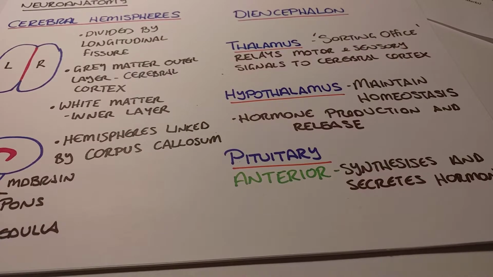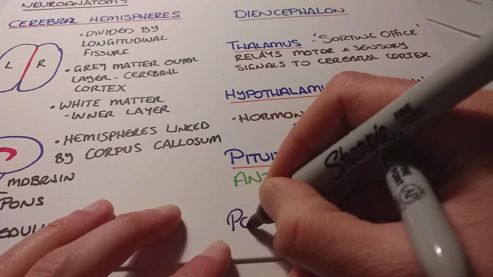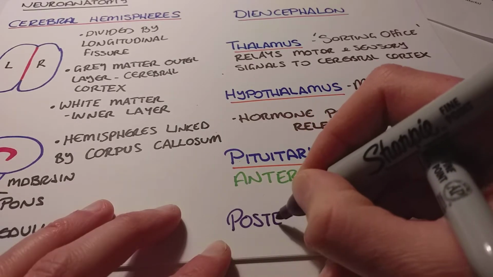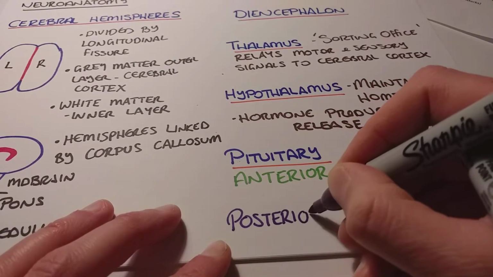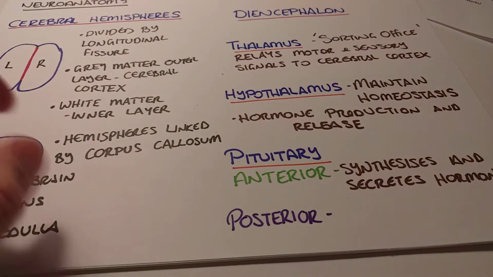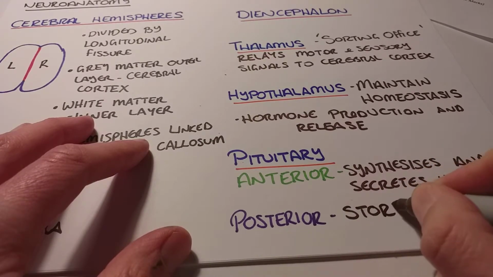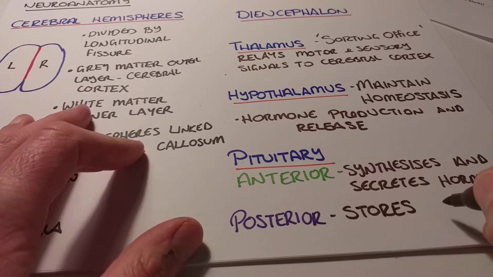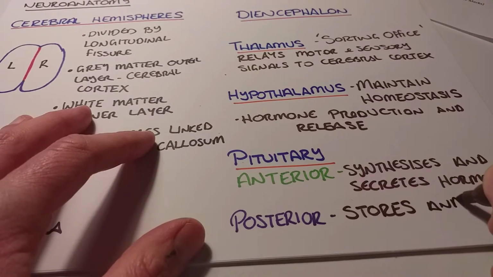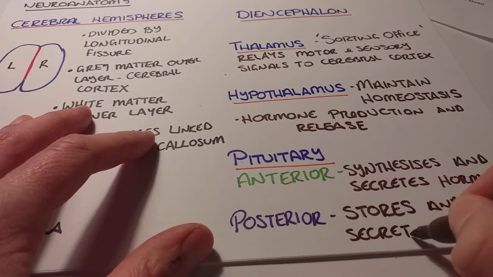And then, again, we'll do this in a different colour. Then your posterior pituitary. What does this do? It stores and secretes hormones.